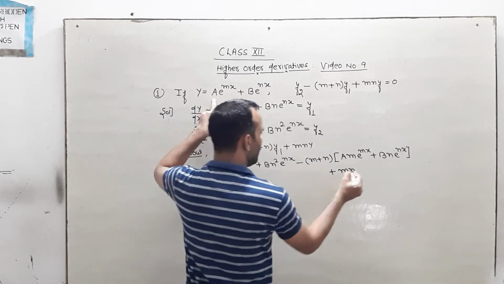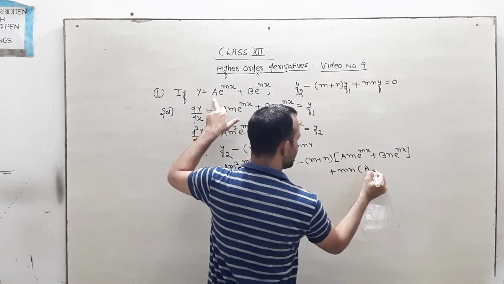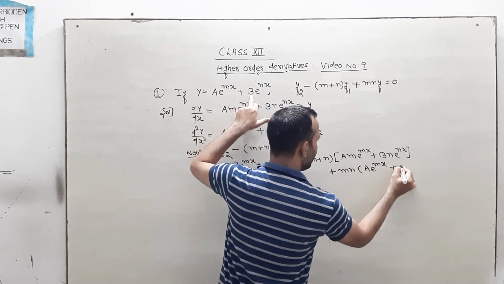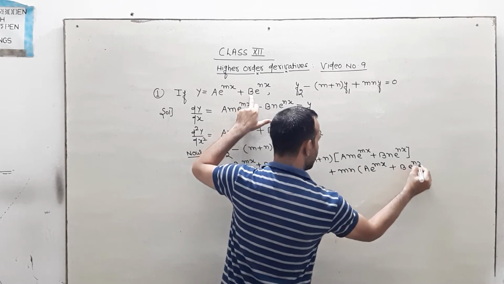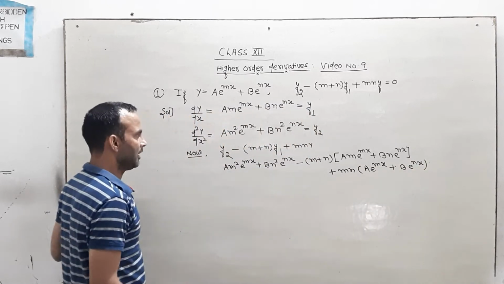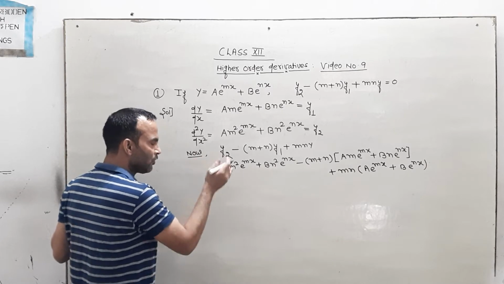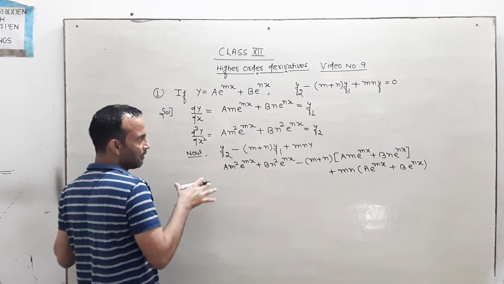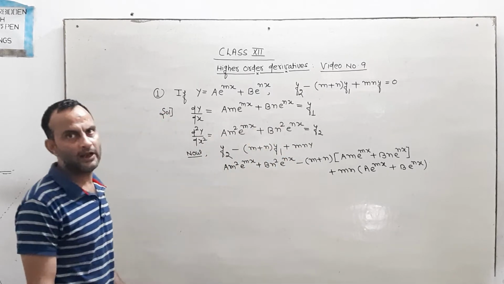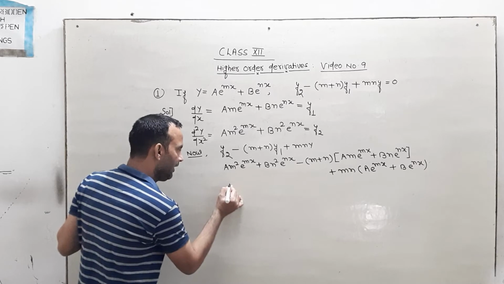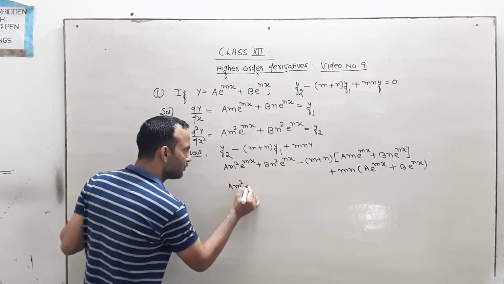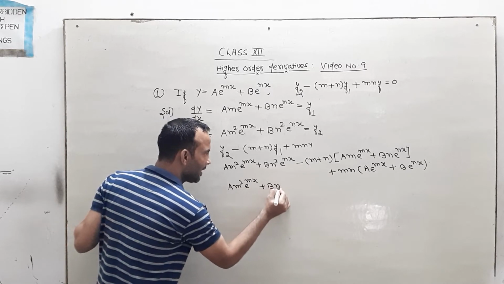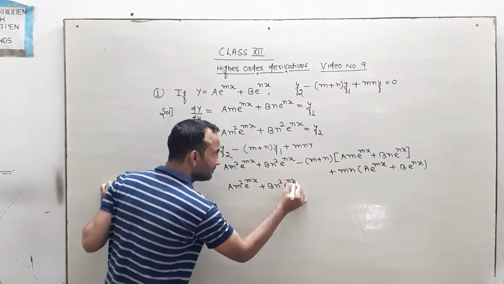What is y? a e raised to the power mx plus b e raised to the power nx. Now see, open it, because we have to prove that on simplification of this expression we obtain 0. a m square e raised to the power mx plus b n square e raised to the power nx.